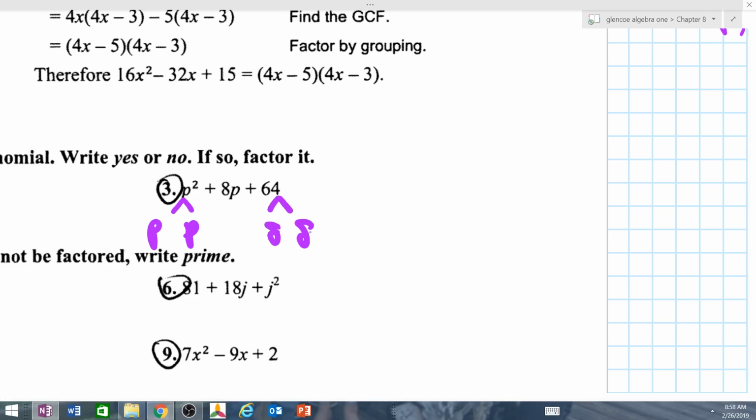Okay. And that would have given you a middle term of 16p. So is it a perfect square trinomial? No. Good save. Good job. Nice way to think through the problem. I appreciate that. Are y'all with me? Yes? Okay.